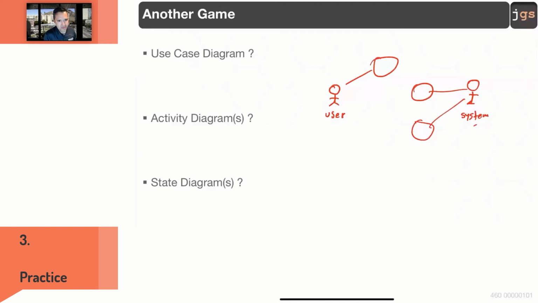What about the system? What the system is going to do? Could you agree with me that one of the things that the system is going to do is calculate a new generation?